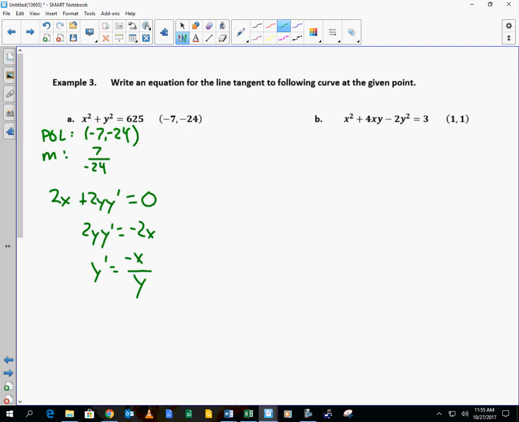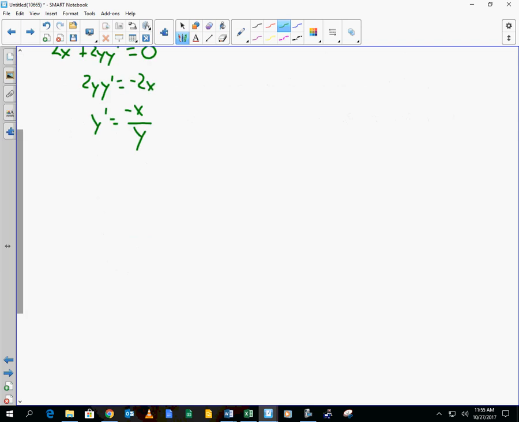So now we're going to write the equation for the line tangent. So I have y minus, or plus, 24 is equal to negative 7 over 24 times x plus 7.